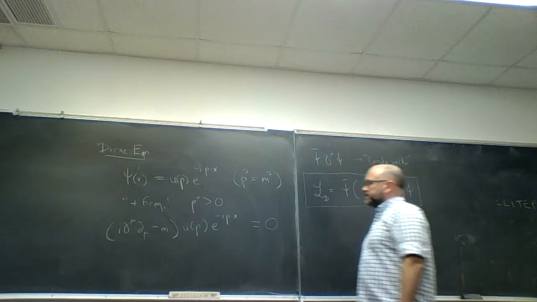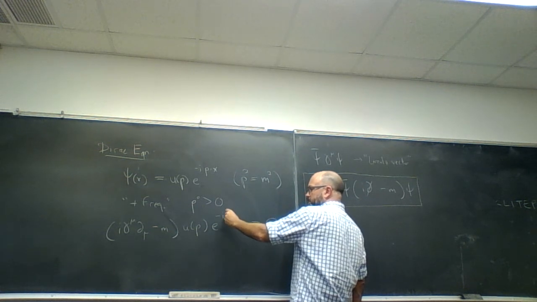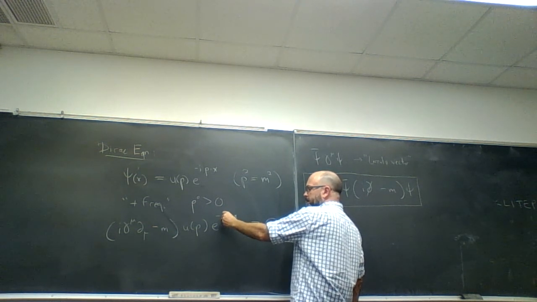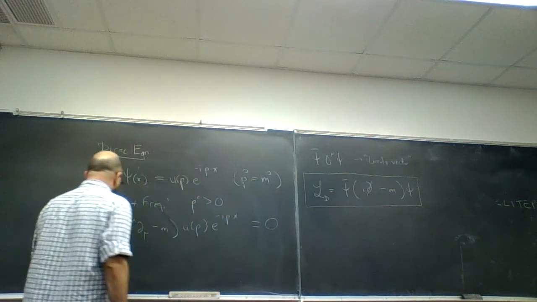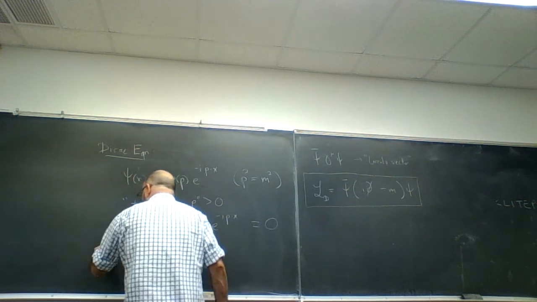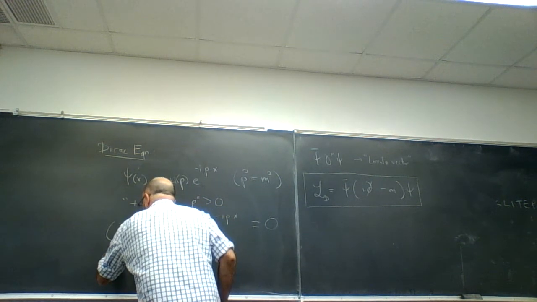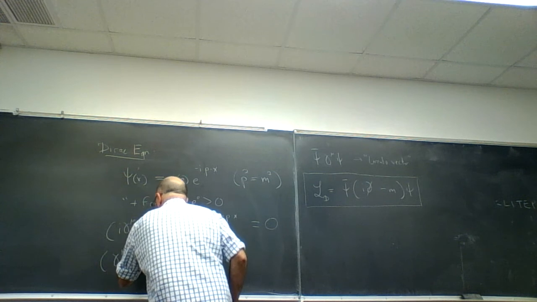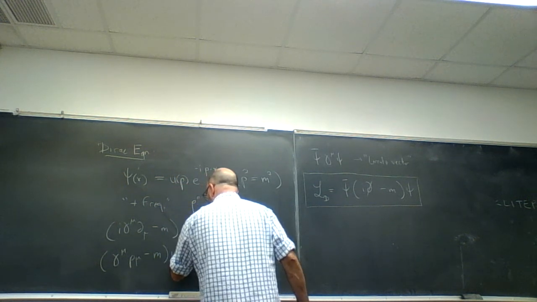Right, so what's going to happen? I have this 4 derivative here. It's going to hit this guy. Right, so it's going to bring down a factor of minus i p mu. Right, p sub mu, and that's going to get dotted. So the minus i is going to kill this i out. Right, so I'm going to have gamma mu p mu minus m times u of p.